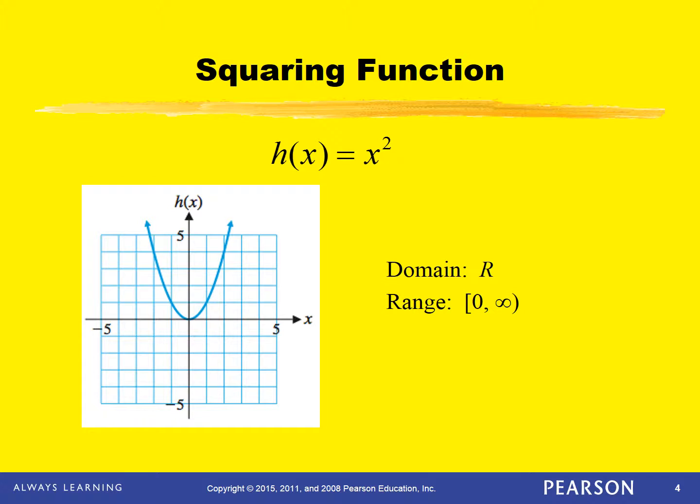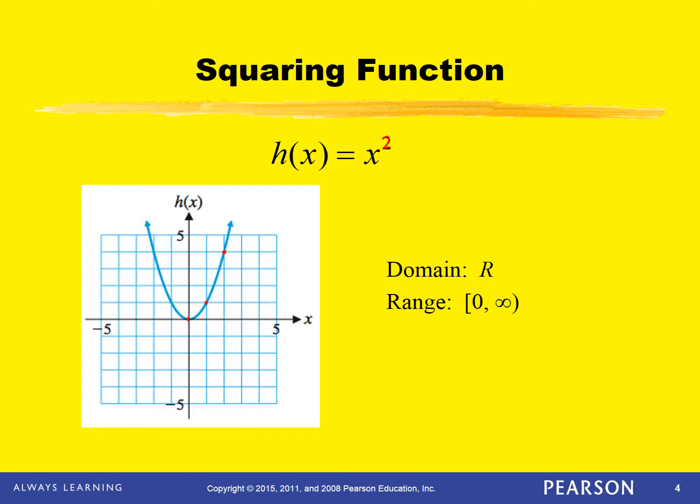Squaring function. The squaring function squares its inputs, and it has points on it like the origin, (1, 1), since 1 is the square of 1, and (2, 4), since 4 is the square of 2. Anytime you have a quadratic or second degree function, the domain is always the set of all real numbers.